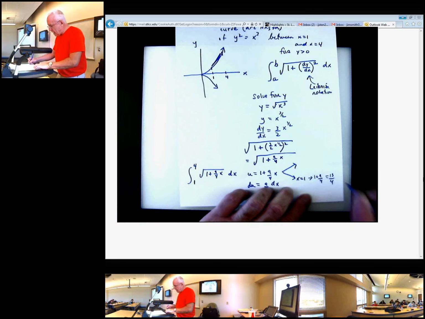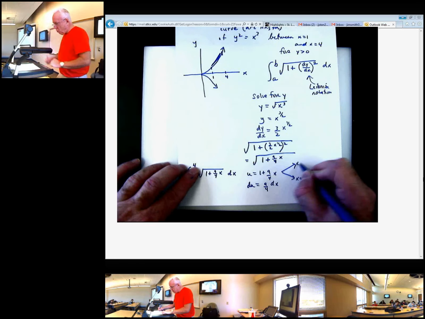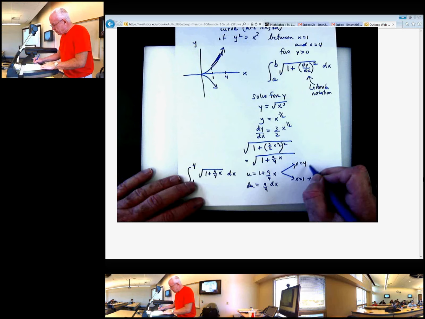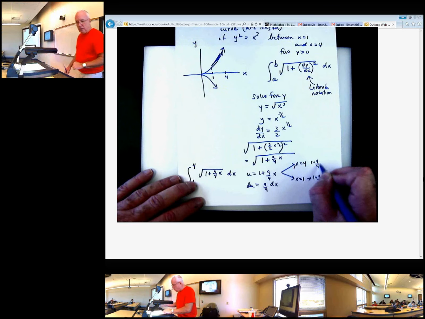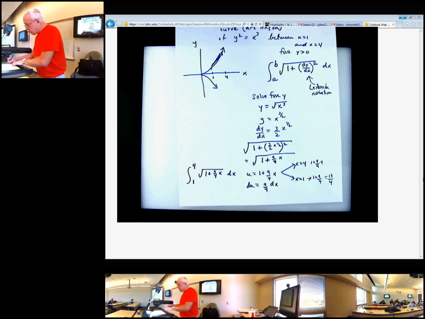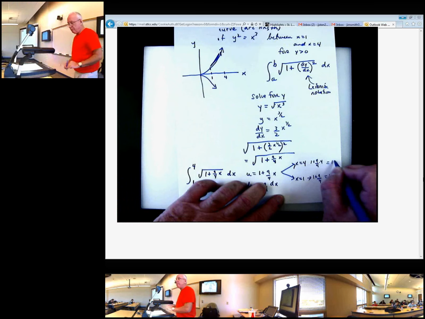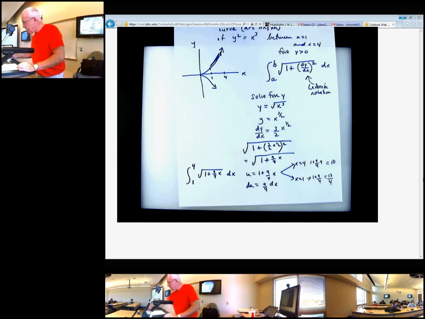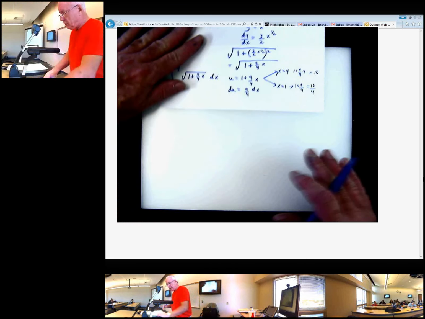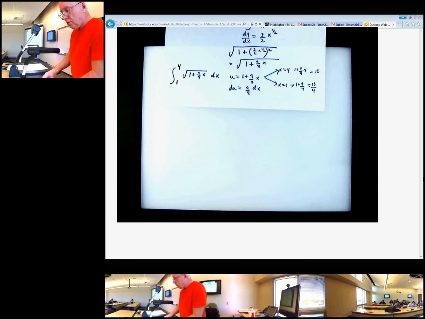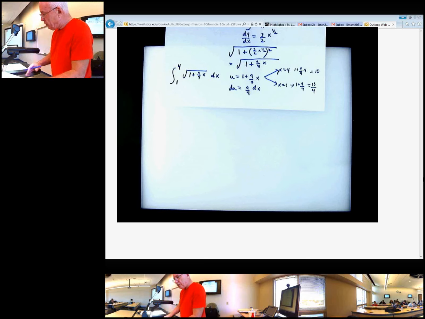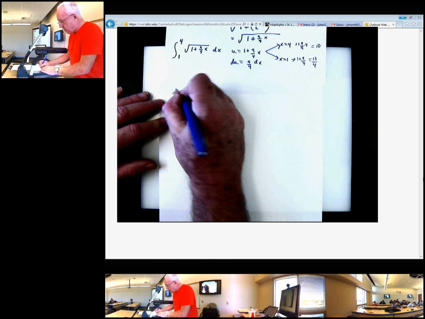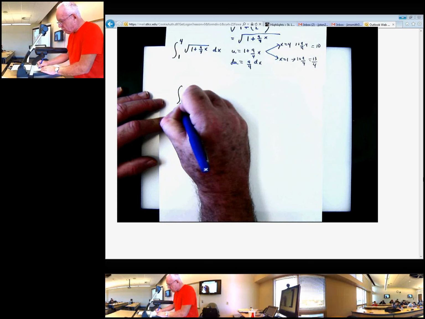And now for the top one, when my x is equal to 4, I'm going to have 1 plus 9/4 times 4, so my u is going to be equal to 10. Okay, so let's continue then. Now we have new limits of integration, and we have a u here, so let's substitute. So now we're going to go from 13 over 4 to 10.